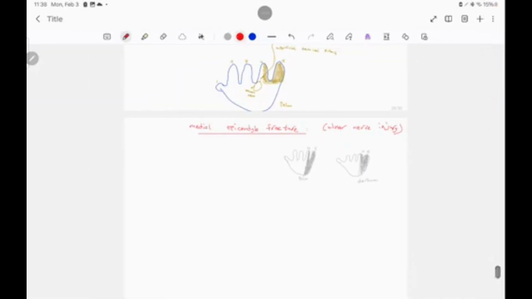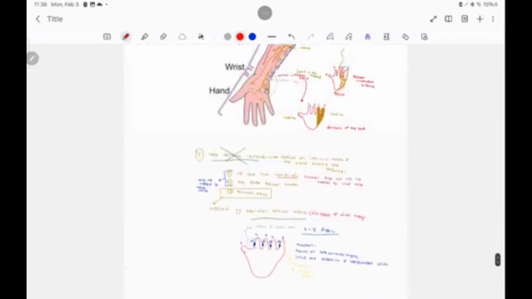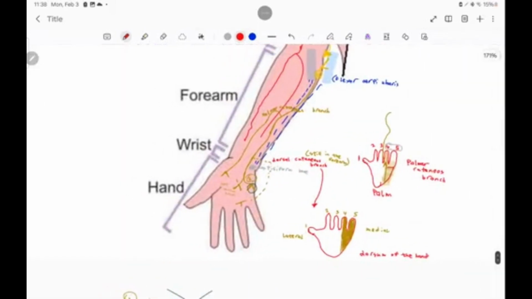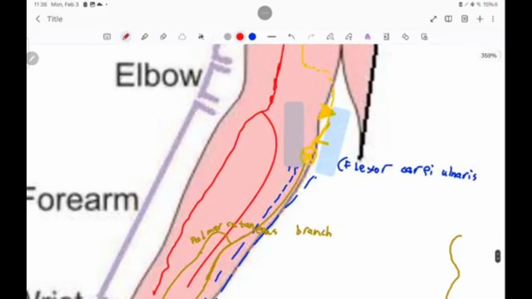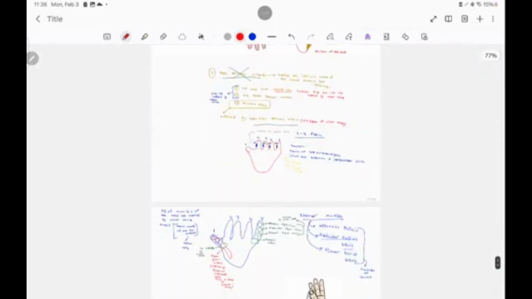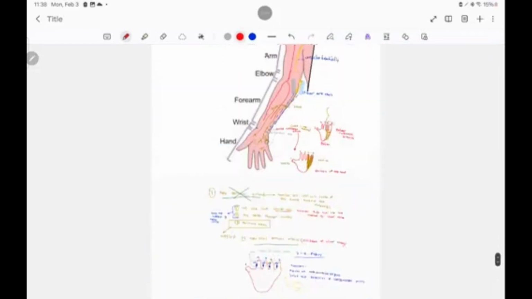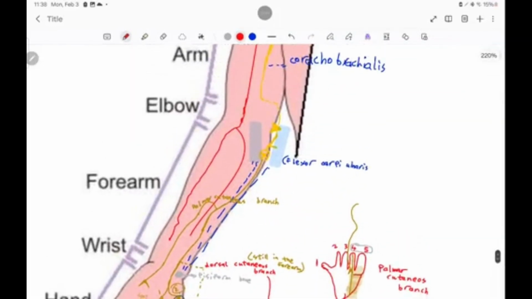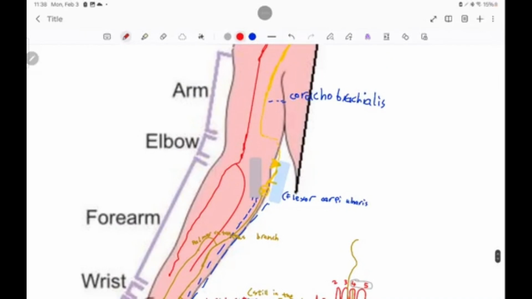Okay. What about the motor function? So we said that the ulnar nerve innervates flexor carpi ulnaris and flexor digitorum profundus. What does flexor digitorum profundus do?